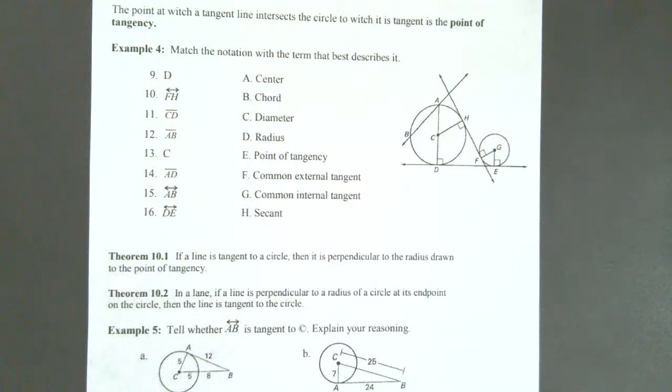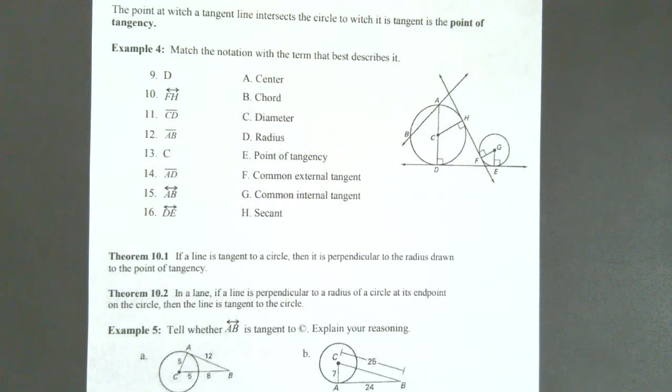Number 11, CD, that is a radius. So that would be letter D as in dog. Number 12, line segment AB, that would be considered a chord. So number 12 would be letter B.